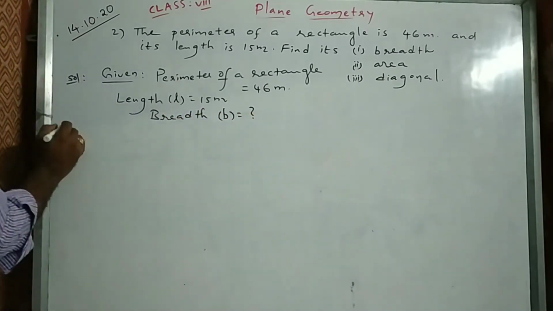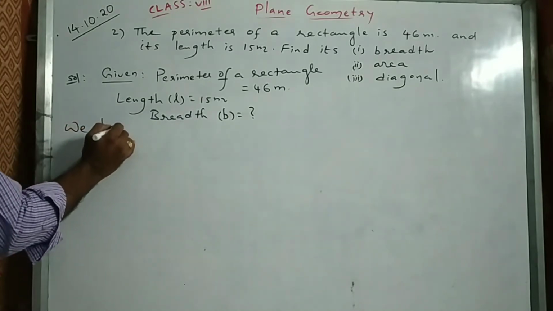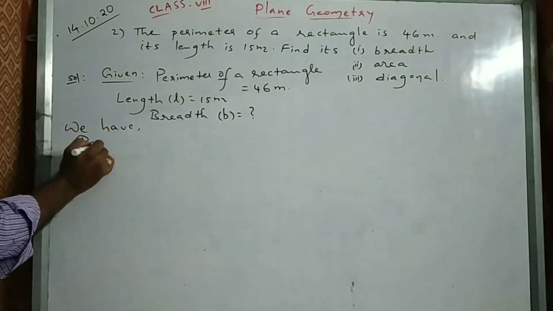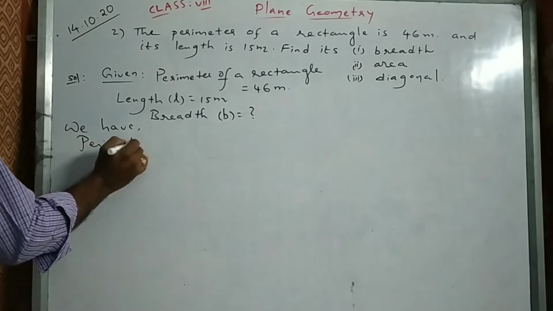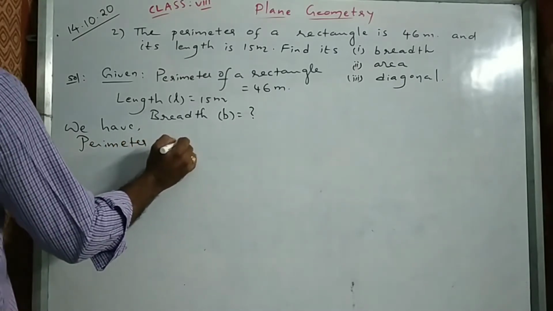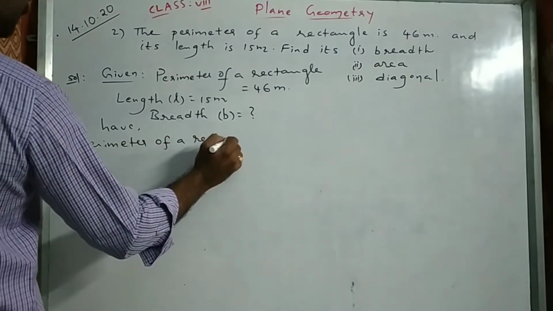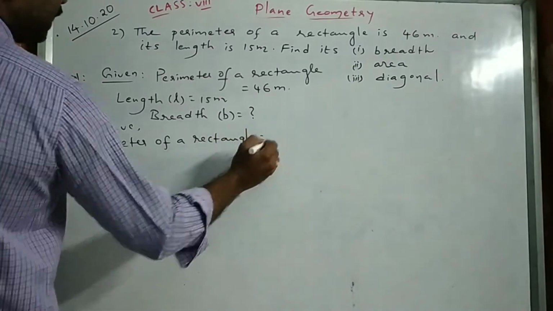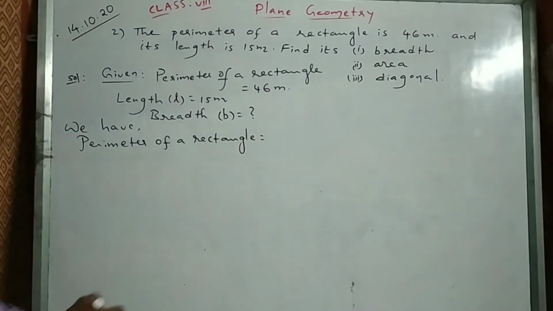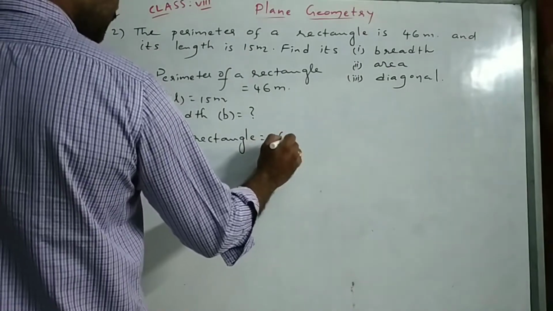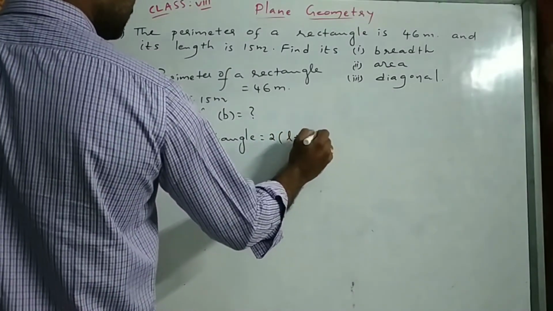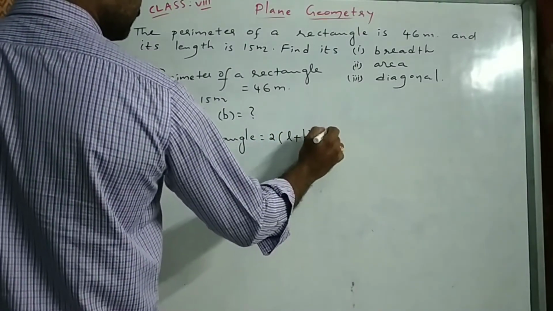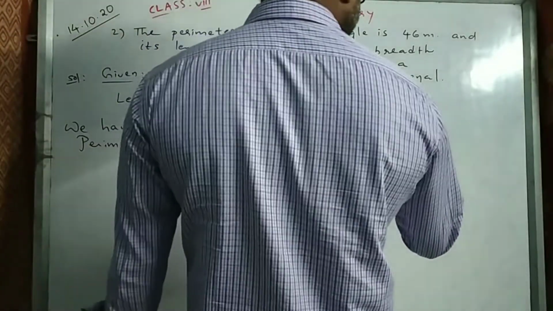Okay? We have perimeter of a rectangle. What is the formula to find perimeter of rectangle? 2 times length plus breadth units. So draw the rectangle here.